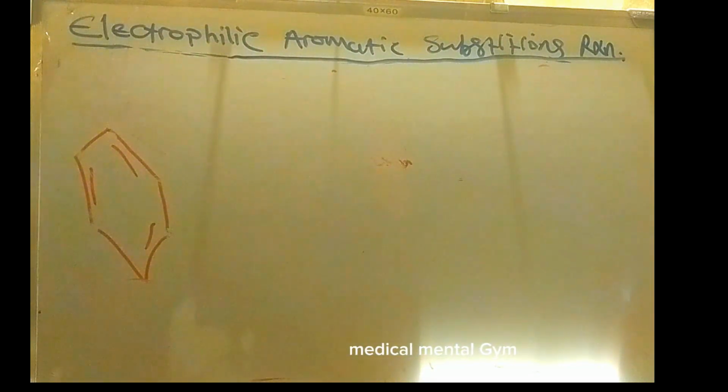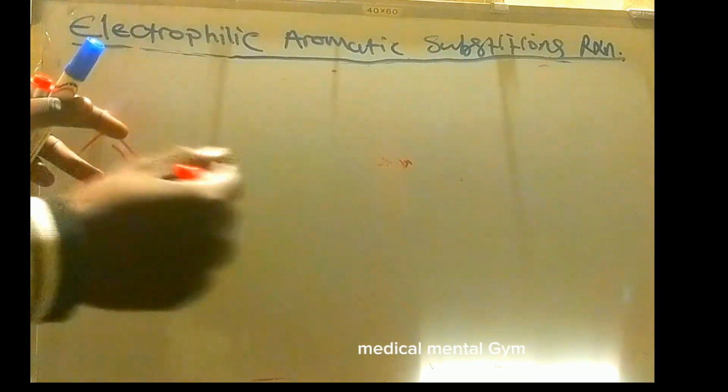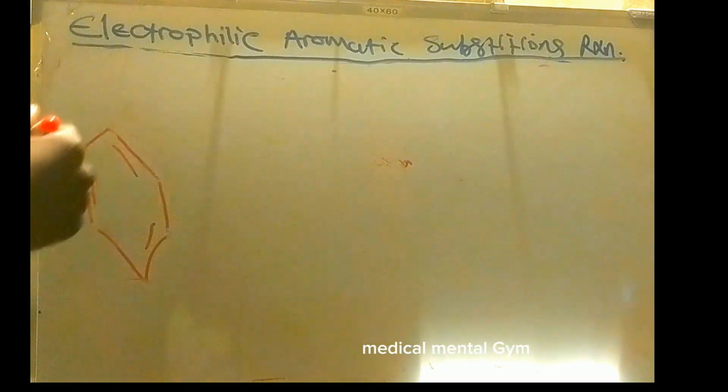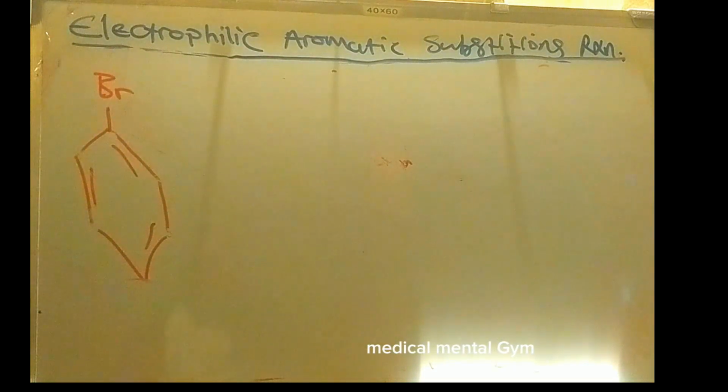How we deduce the order of the synthesis is through analysis. We have to analyze each single group on the ring and see the effect that group will have on the incoming molecule. In the first case we'll use the bromine. The bromine is a deactivator. Although it is ortho-para directing, it is not the only one; all halogens possess the property of being ortho-para directing deactivators.